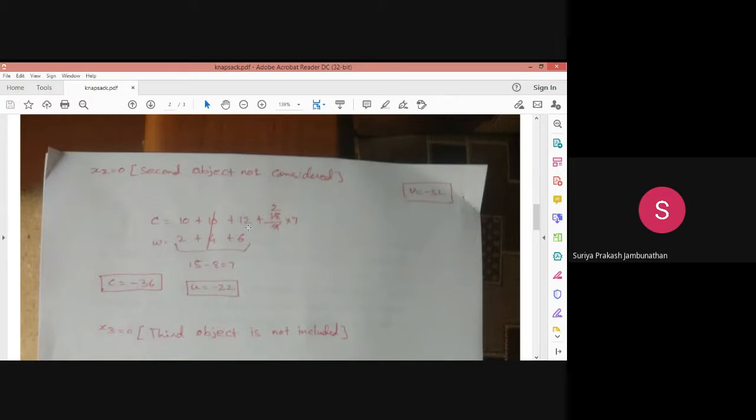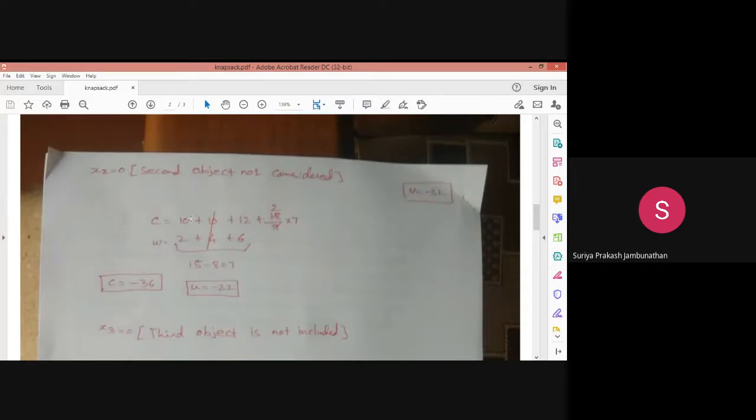So 10 plus 12 is 22, and here the weight comes 6 plus 2, that is 8. So 15 minus 8, we are getting 7 as remainder. So whatever the remaining value you are having, 7, has to be multiplied with 18 divided by 9. So while multiplying with this, 2 sevens are 14. So what is the cost? 10 plus 12 plus 14. There we are getting cost as minus 36.